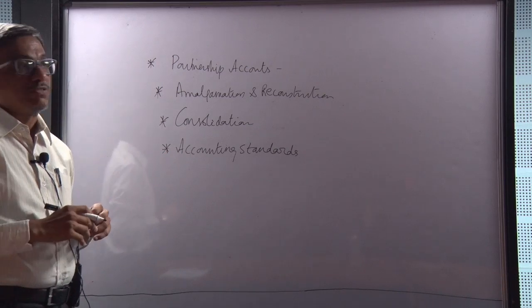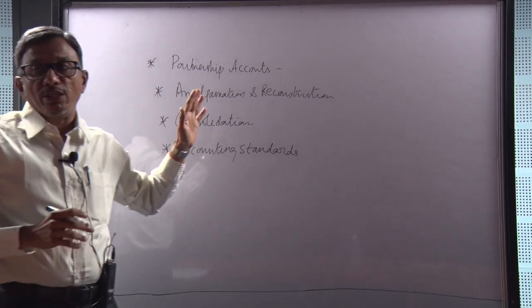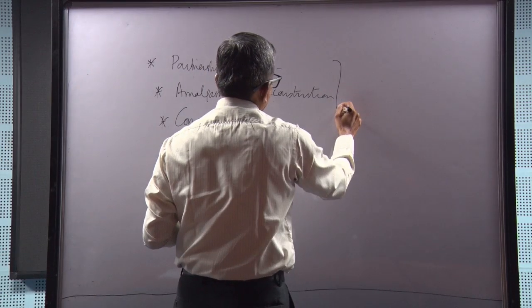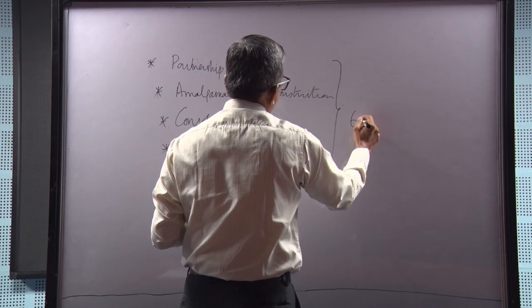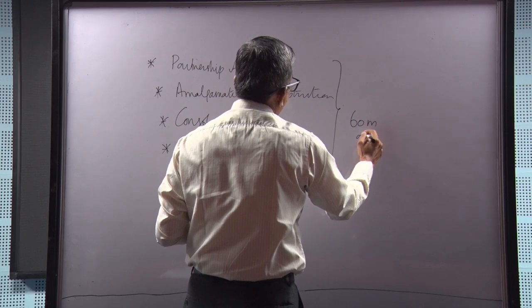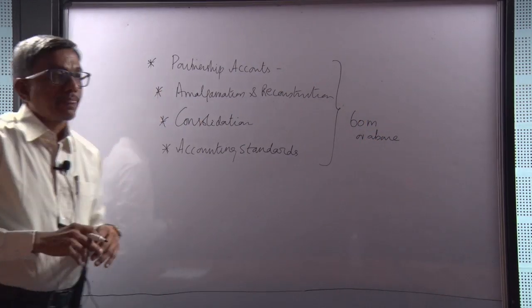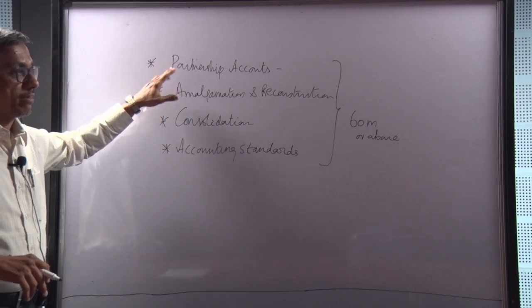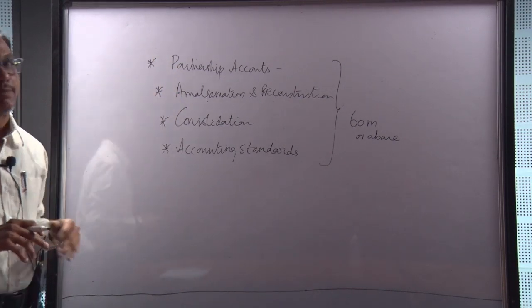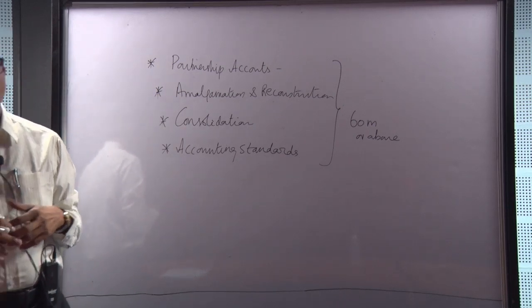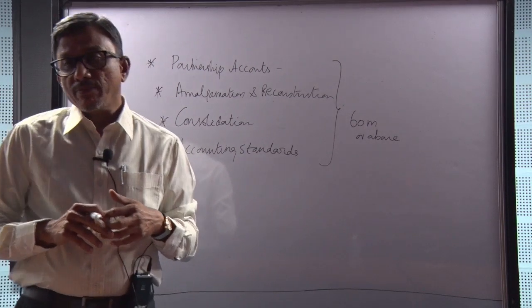That means if somebody is conversant with these 4 chapters, you can easily score 60 marks or above in the examination, because you will be getting at least one question from each of these chapters. For example, partnership, you may get a problem for 15 to 20 marks.